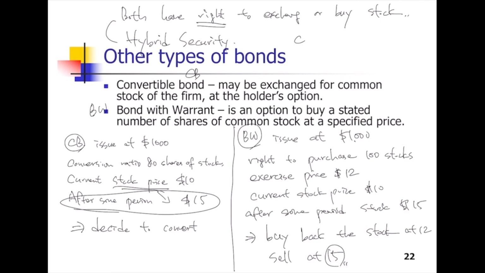The CB, after it converts, the bond is gone, so the investor doesn't receive a coupon anymore.